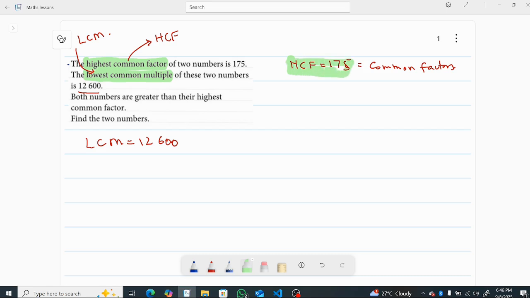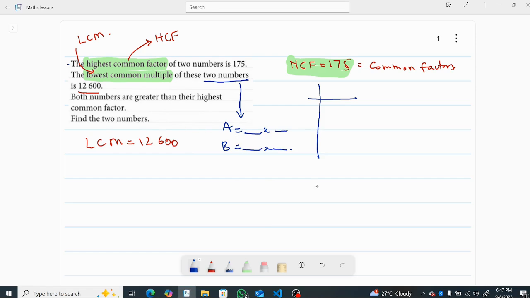Now if we start from the HCF, we'll look at the factors of the HCF, because these are the factors available in both of the two numbers which we don't know, and we are assuming that these two numbers are A and B.